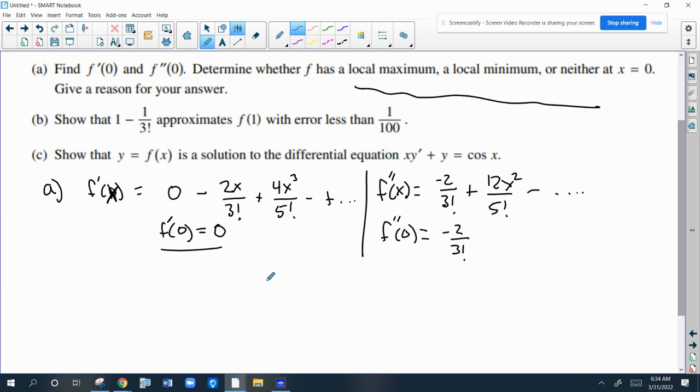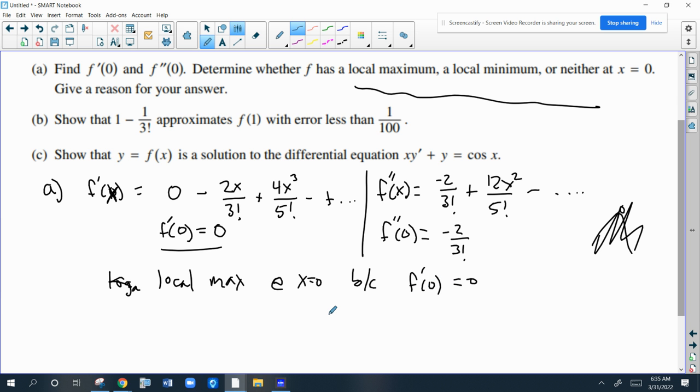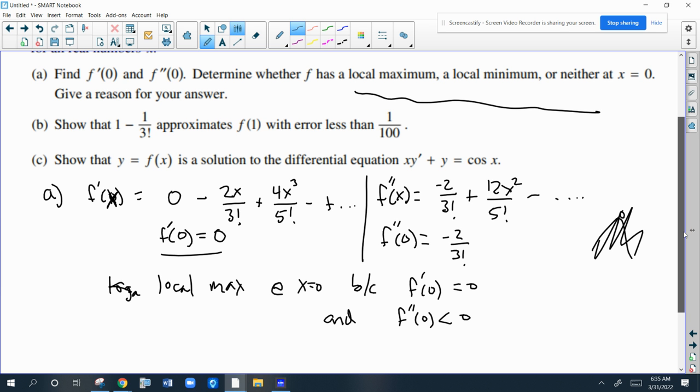If the second derivative is negative, that means it's concave down, so that critical number must be a relative max. So you would say we have a local max at x equals 0 because f prime of 0 equals 0 and f double prime of 0 is negative. So there's part A.